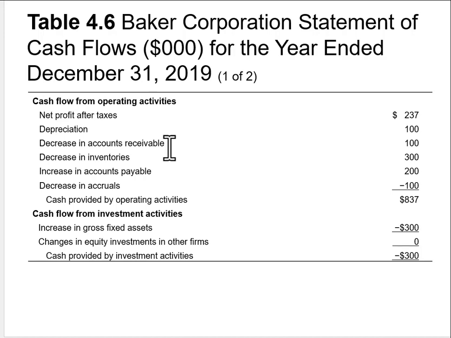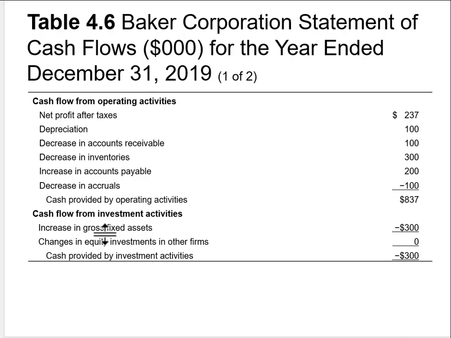You had to sell it. And that's how we do these numbers. You see here, a decrease in accruals, that means there is an outflow of cash. How did we get rid of the accrual, which is a liability? We must have used cash for that. So in this case, we end up with $837 came from operating activities.